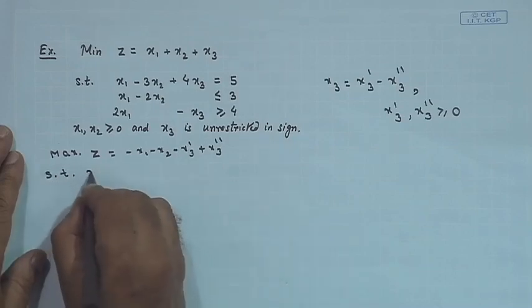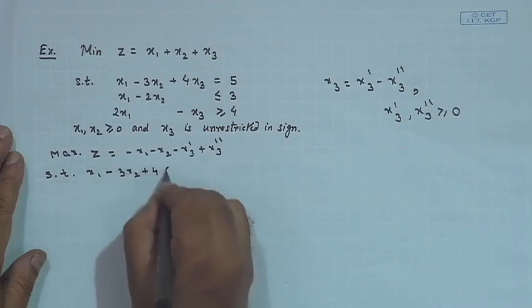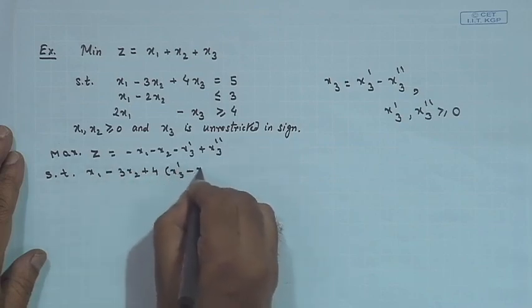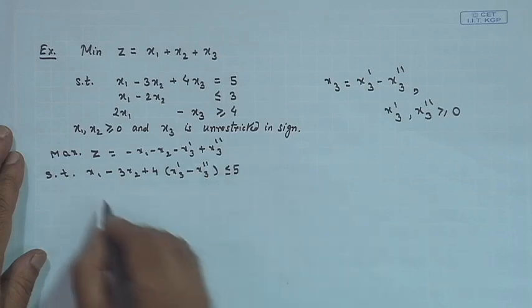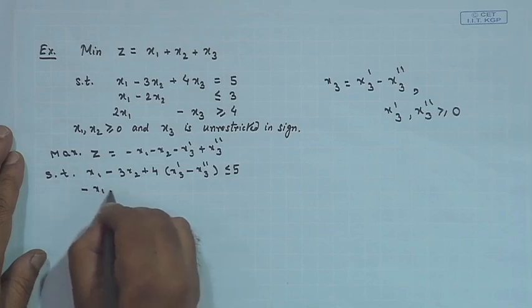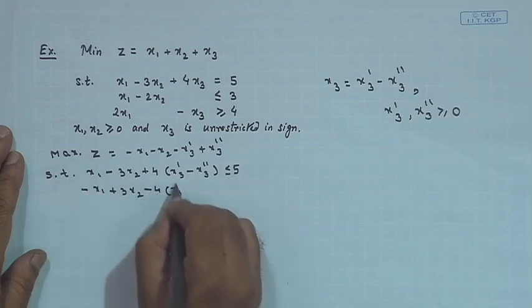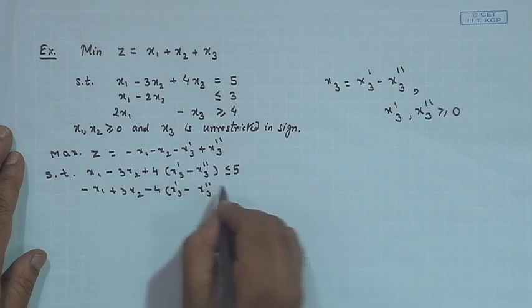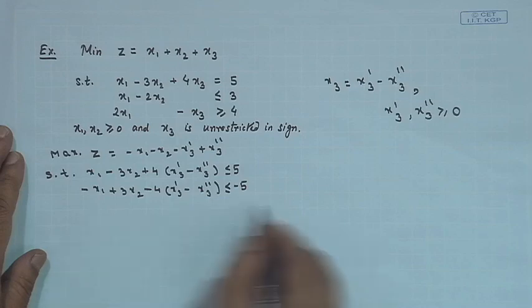Subject to x1 minus 3x2 plus 4 into (x3 dash minus x3 double dash) less than or equal to 5, then minus x1 plus 3x2 minus 4 into (x3 dash minus x3 double dash) less than or equal to minus 5.